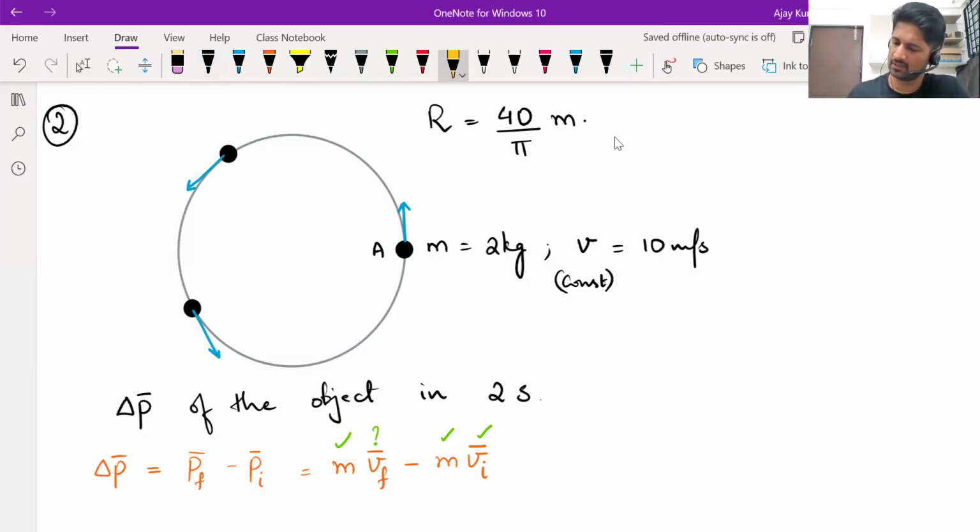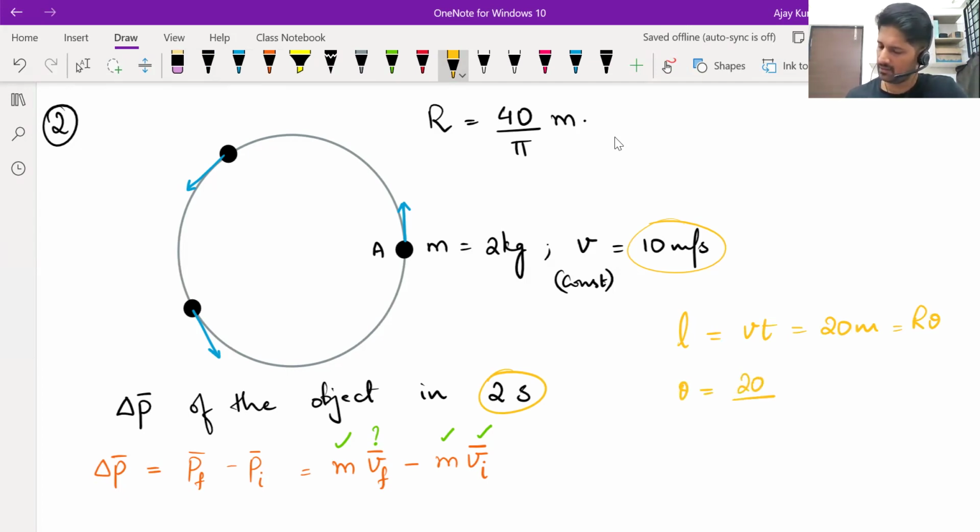From speed and time, the distance it is going to cover is speed into time, that is 20 meters. And L is equal to R theta, so theta becomes L by R. So the angle it rotates becomes 20 divided by R, which is 40 by pi, so it becomes pi by 2 radians.